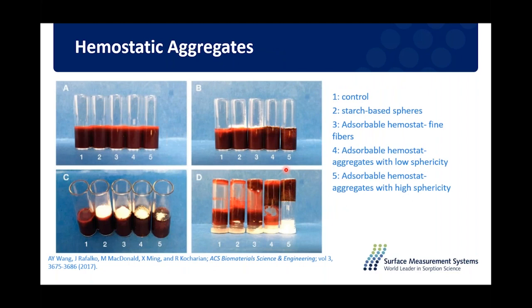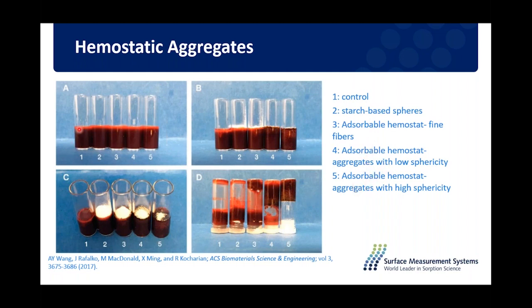Here's a study that was done with Ethicon and was published several years ago, where we're looking at the ability of blood clotting agents. There were 5 different samples: a control, starch-based spheres, and then some different hemostat aggregates.